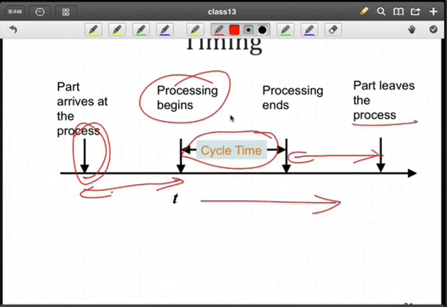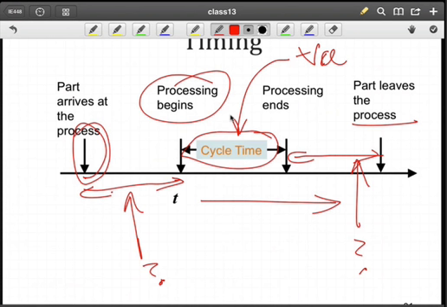So you should have some questions at this point, and that is, what does this time interval correspond to? And are you adding value 100% of the cycle time? Well, this initial time interval represents a period of time in which we're not able to process.